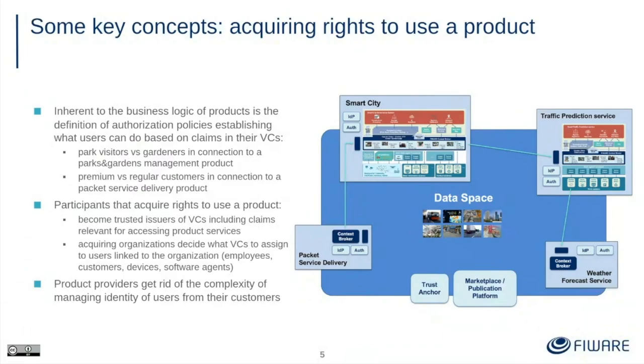So the employees, the customers, the device and service agents even might get a different level of verifiable credentials because they, for example, might not have interest in using any graphical user interface, but they need access to some backend APIs. That's something that can be decided by the consumer organization by just assigning the right verifiable credential to the services.